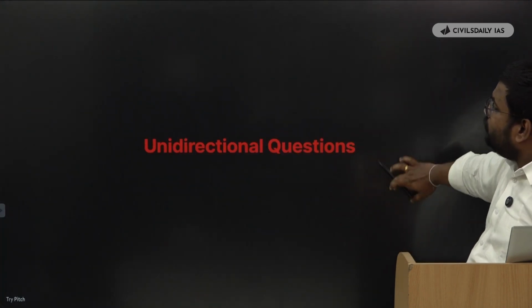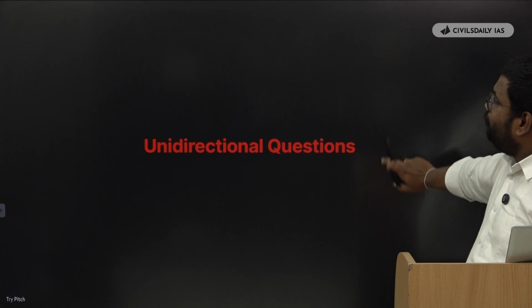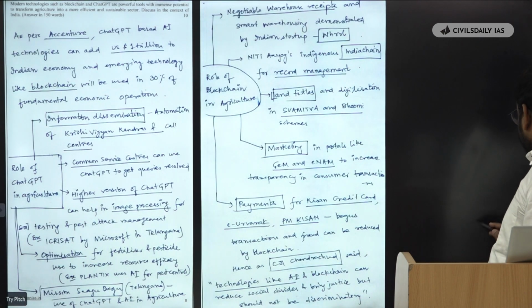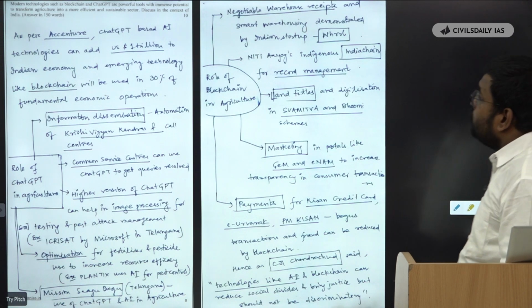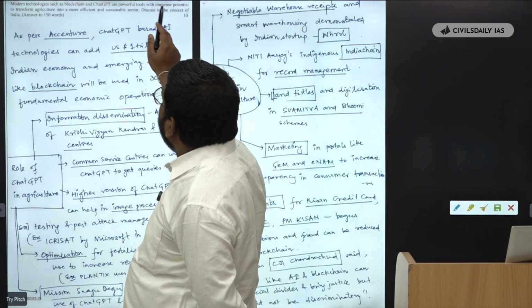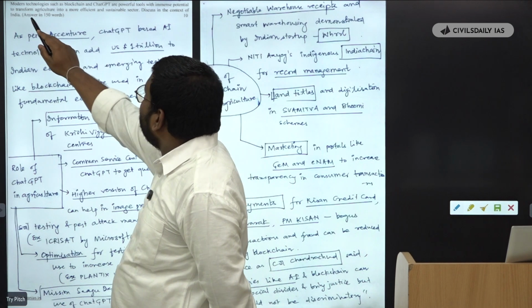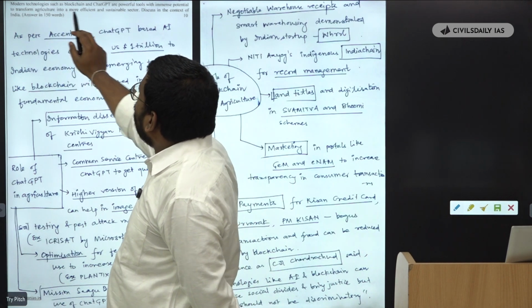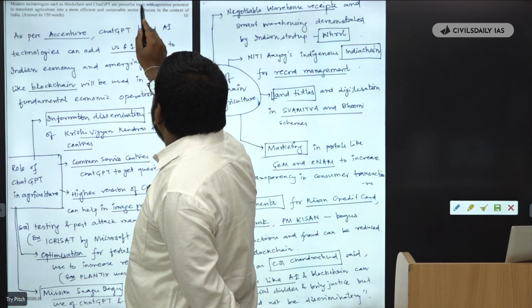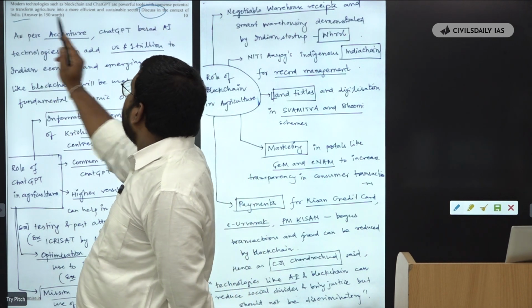So this is the unidirectional question. If you see this question written by Animesh, the modern technologies such as blockchain, ChatGPT are powerful tools with immense potential to transform agriculture into a more efficient and sustainable sector. Discuss in context of India.